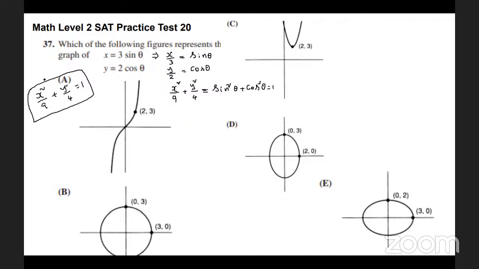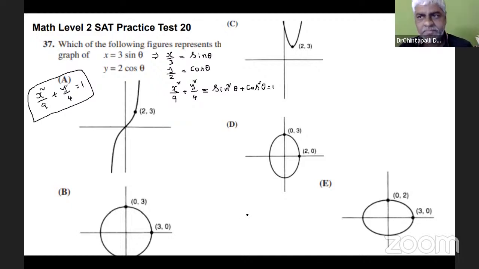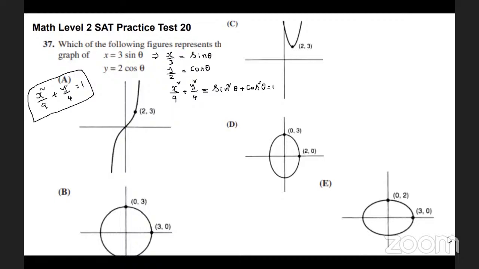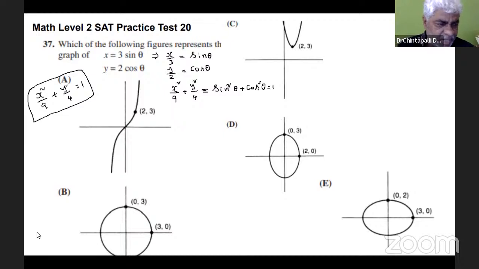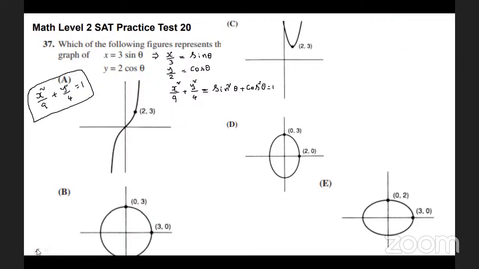Do you remember? We touched this chapter. In this ellipse, A is equal to 3. Yes, sir.